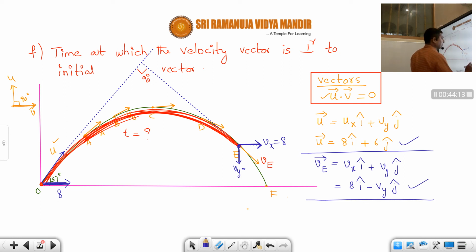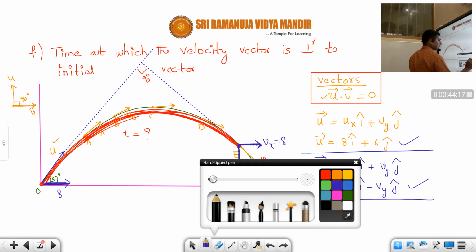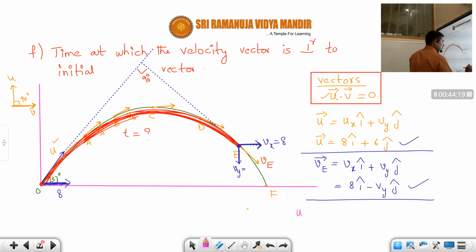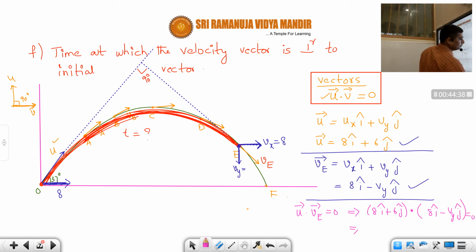Now these two vectors are perpendicular, means u dot v must be equal to 0. So that implies (8 i cap plus 6 j cap) dot (8 i cap minus vy j cap) should be equal to 0.